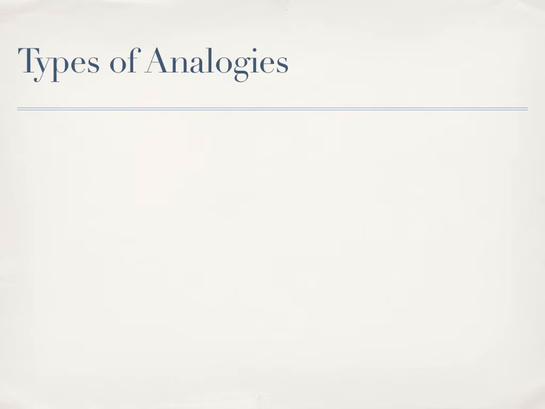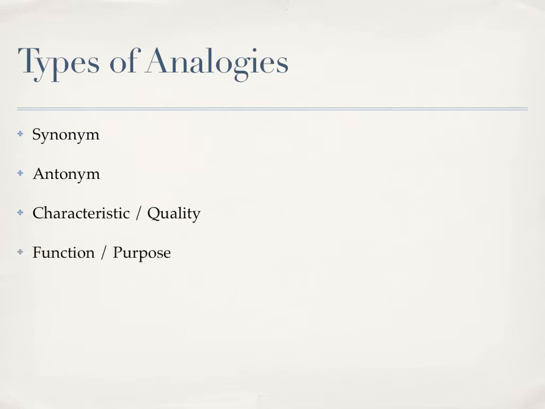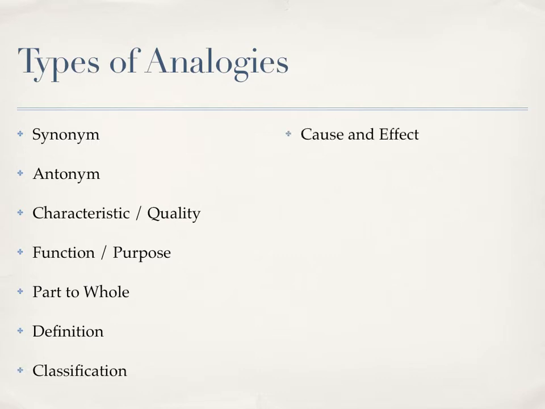Let's move on to a list of types of analogies. Keep in mind that this is not a complete list, but a decent enough compilation of commonly used analogies. Synonyms, antonyms, characteristic or quality, function or purpose, part to whole, definition, classification, cause and effect, location, degree, association, action, extremes.